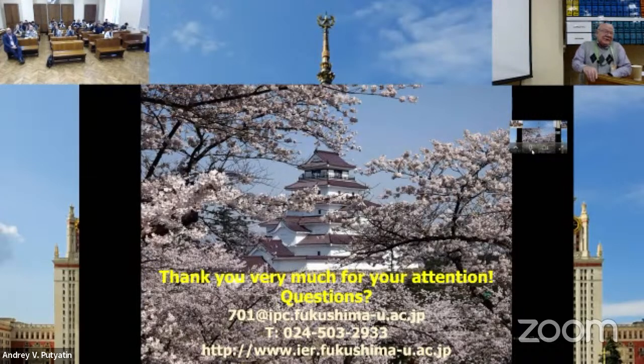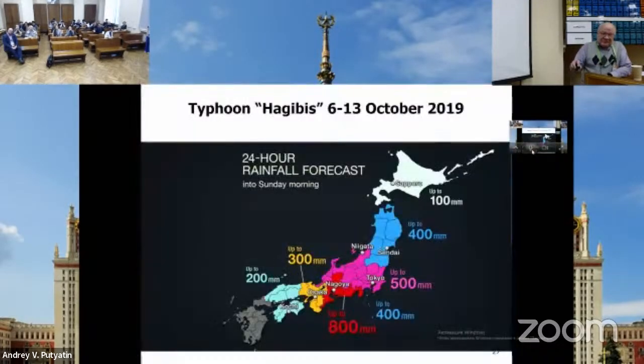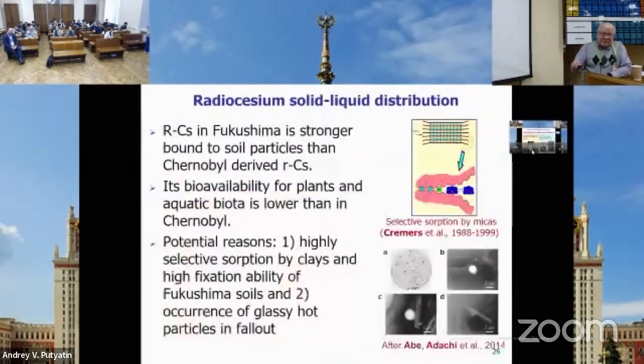So another process is after this selective sorption. This is the mechanism of selective sorption. This is, let's say, the scheme of these micaceous clay minerals. So the cesium is sorbed on these sites because, why? Because cesium has very low hydration energy.